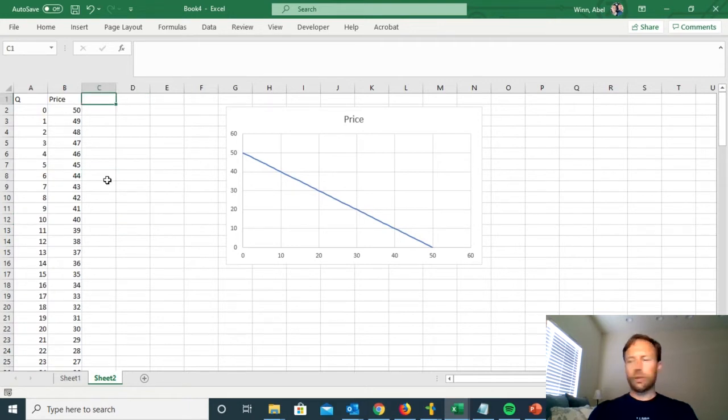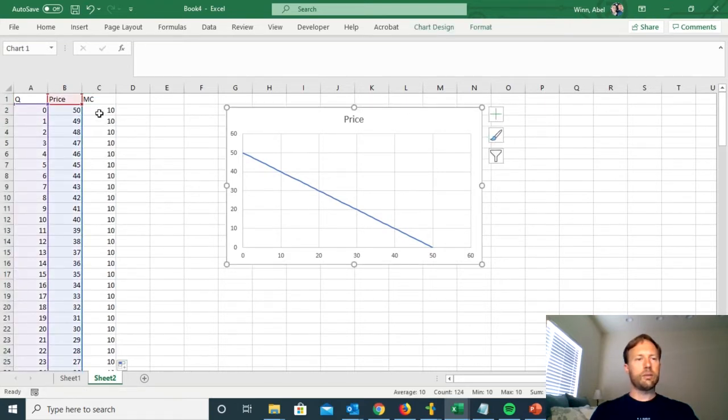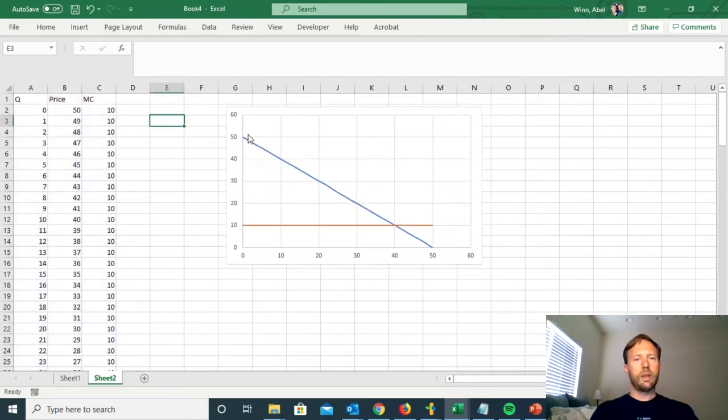And then they also tell us that marginal cost is 10 on every single unit. So I'll fill that down. Okay. That is what they're describing, a demand curve that's downward sloping like so, and also has a marginal cost curve that would intersect at a certain point.